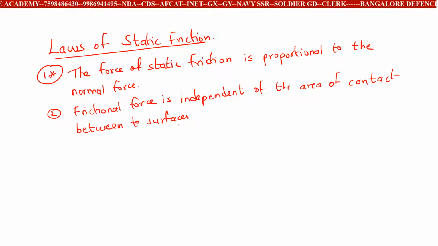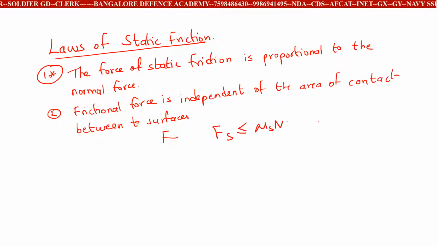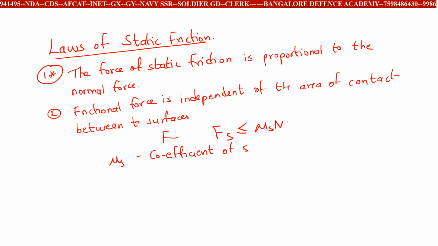According to these two important points, we will derive an equation. Static force Fs is less than or equal to mu s times the normal force, and here mu s stands for the coefficient of static friction.